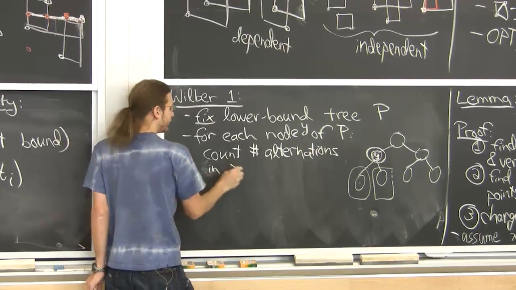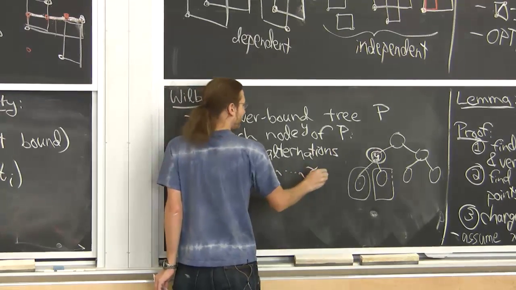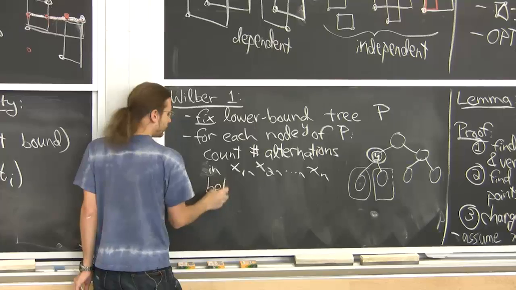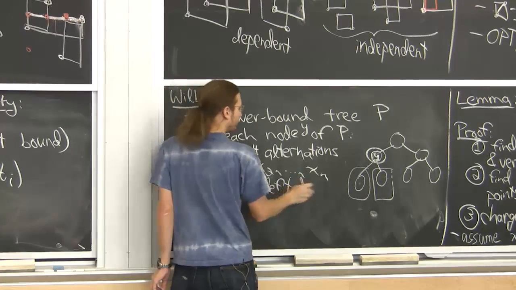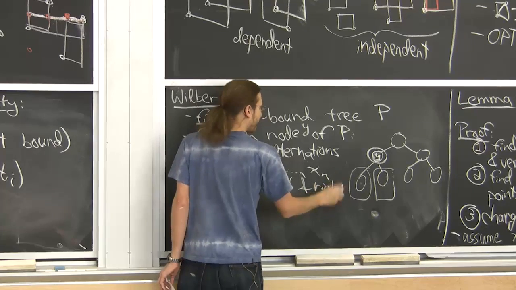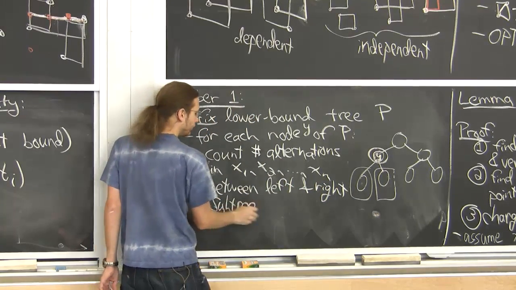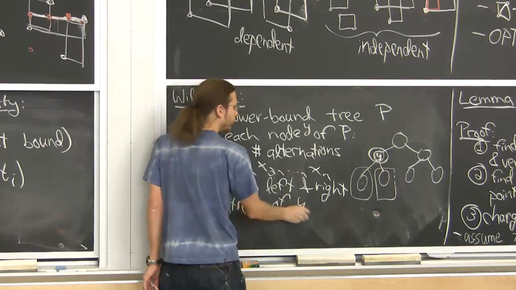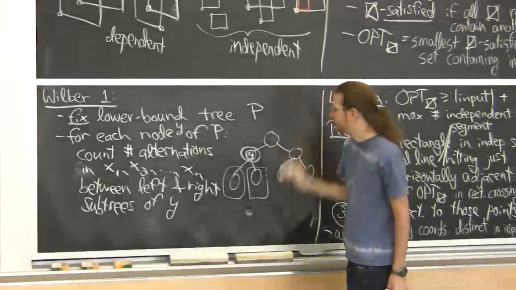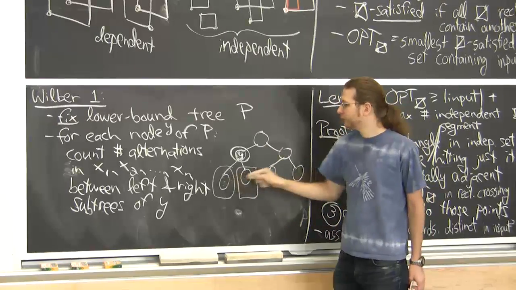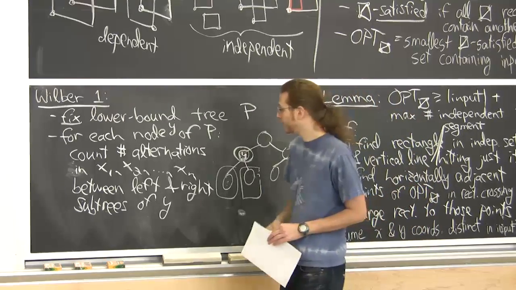In the access sequence, which is x1 up to xn, count the alternations between left and right subtrees of y. We're going to ignore accesses to y itself. We're going to ignore accesses to keys outside of y. Just look at how many times I switch between left and right. Okay, that's the lower bound. That's the claim.